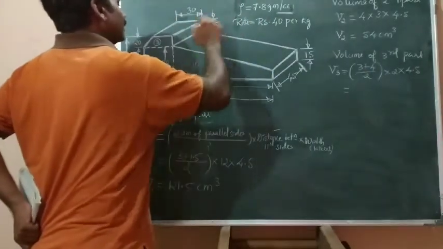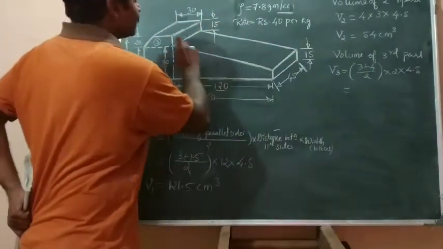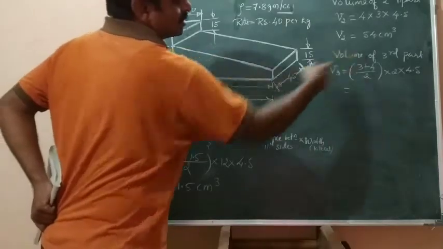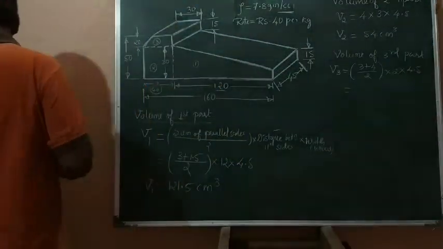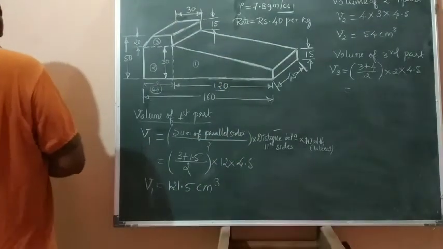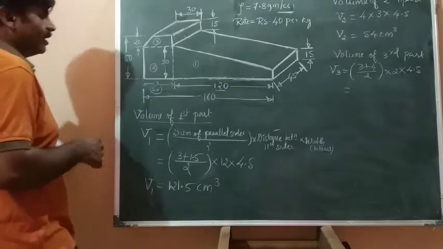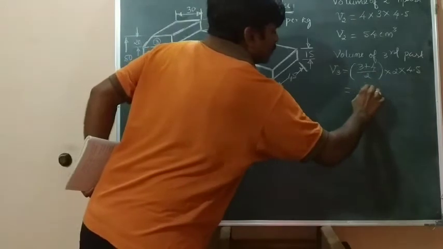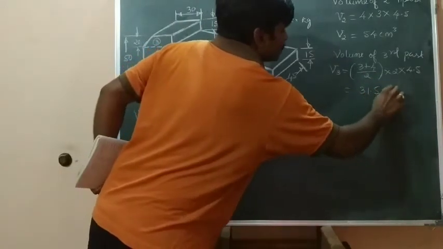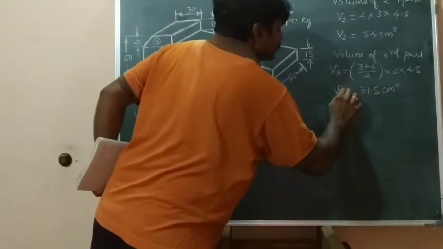This particular length 45 is equal to this length. So we get 31.5 centimeter cube. That is V3.